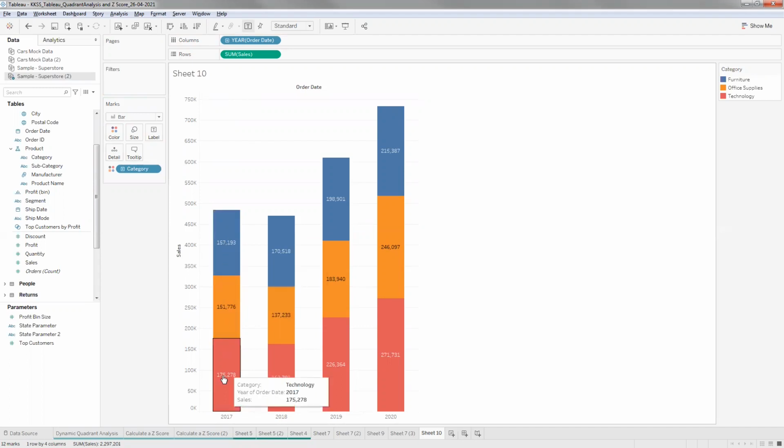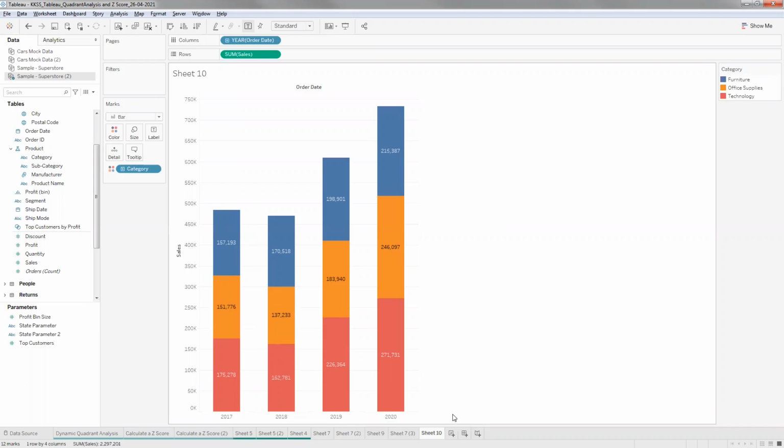I can see the length of that particular color bar, easily compare it with the rest of the bars and see which one is higher and which one is low. I can also compare this year's furniture sales with furniture sales in alternate years. So it's not only showing relative in that particular year, but also lets you compare across each year for each category.